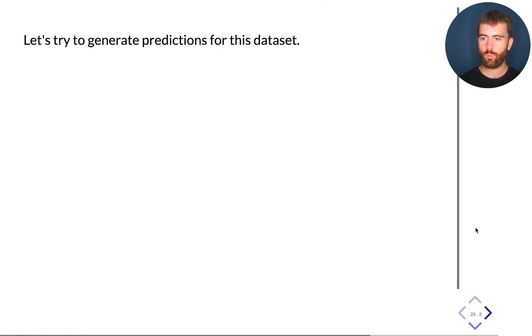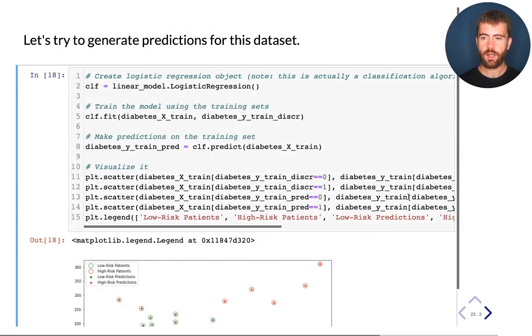We can train supervised learning algorithms to make predictions on this data set. I am not going to go yet into the details of what this algorithm does, but it's called logistic regression. I know it's called regression, but it's actually a classification algorithm. This is a very interesting misnomer. I'm importing it from the scikit-learn linear models library.